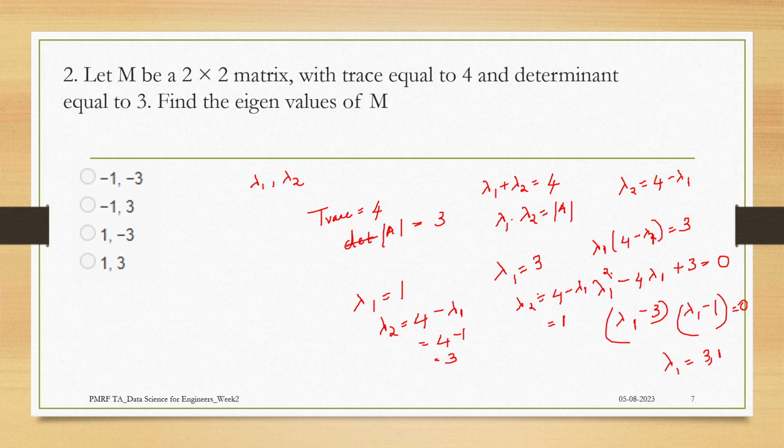In that equation, have I given minus 3? Sorry, wait. I will write it here. 4 lambda 1 minus lambda 1 square equal to 3. That means 4 lambda 1 minus lambda 1 square minus 3 equal to 0. If you take minus 1 common, it will come as lambda 1 square minus 4 lambda 1 plus 3 equal to 0. Is this the query?